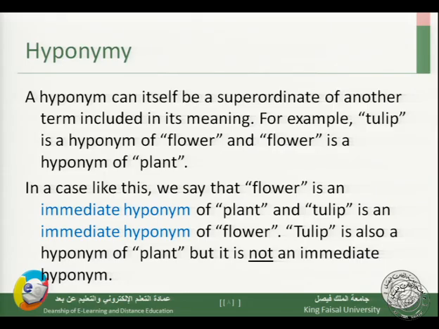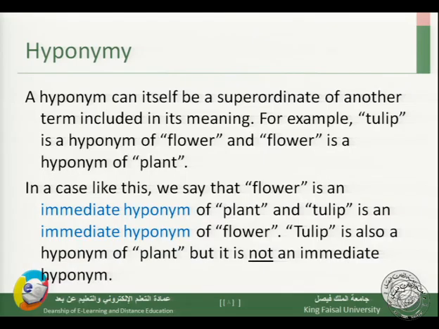And flower itself can be a superordinate, and under flower we have rose or tulip, etc. So in cases like this, we say that flower is an immediate hyponym. So if it comes directly under it, if it's a direct hyponym of it, we call it an immediate hyponym of plant. And tulip is an immediate hyponym of flower.